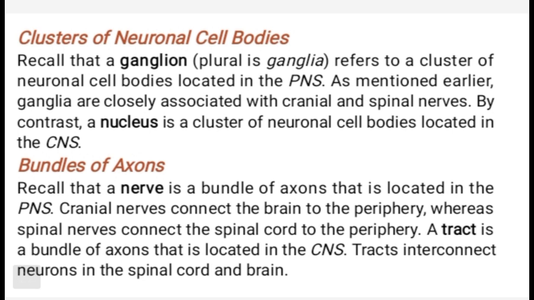Bundles of axons: a nerve is a bundle of axons located in the peripheral nervous system. Cranial nerves connect the brain to the periphery, whereas spinal nerves connect the spinal cord to the periphery. A tract is a bundle of axons located in the central nervous system. Tracts interconnect neurons in the spinal cord and brain.